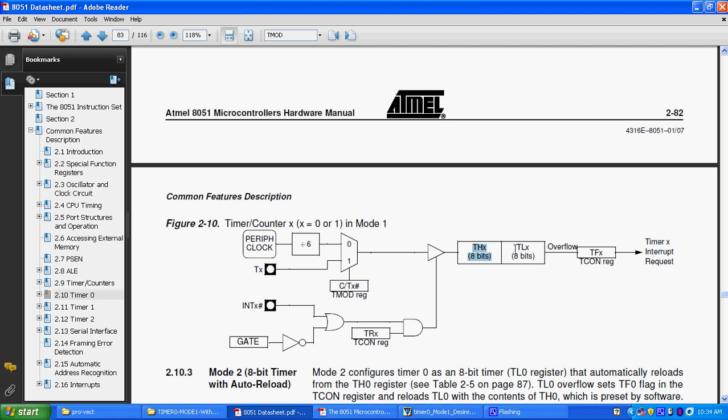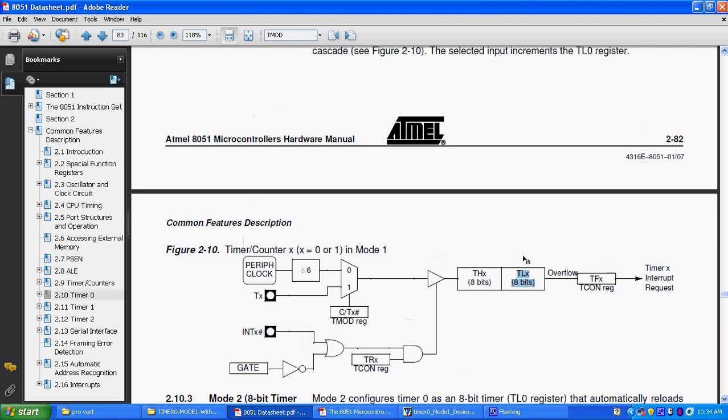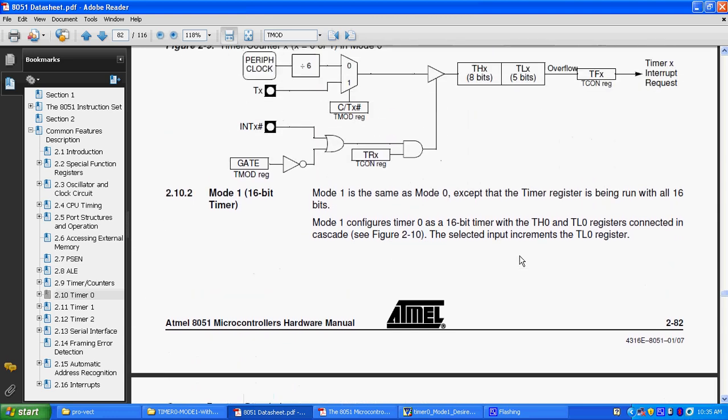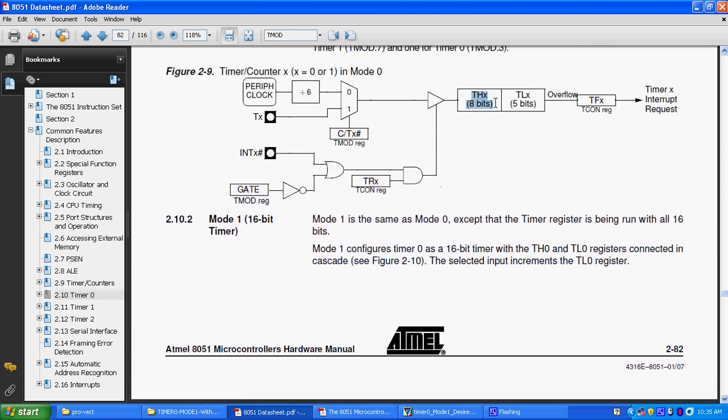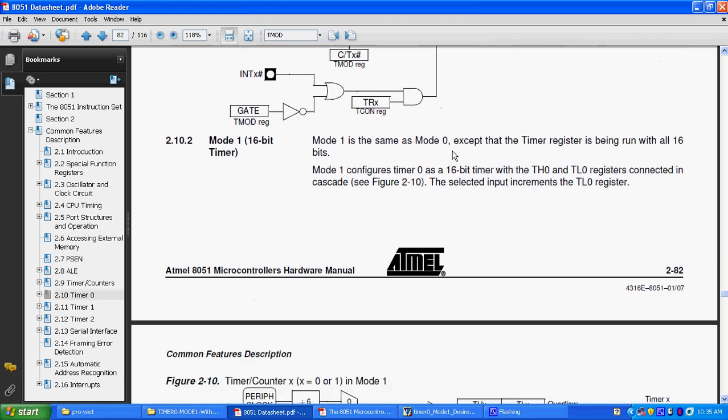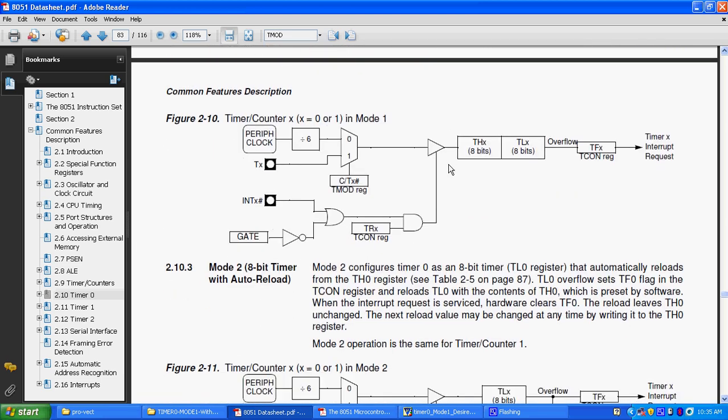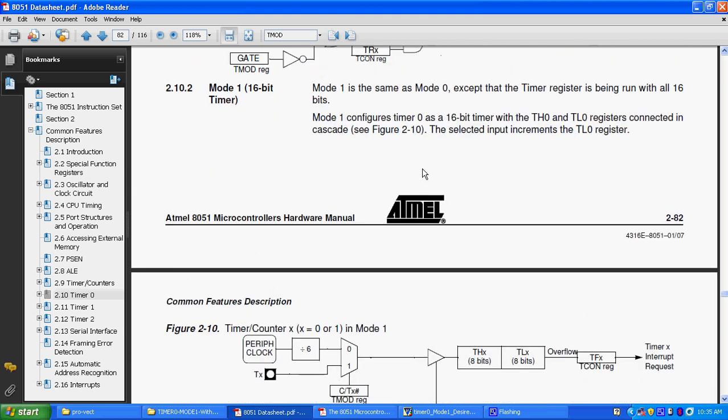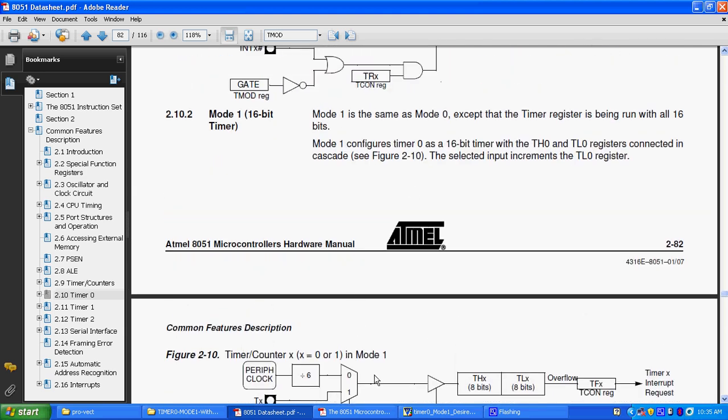Here we are using THX in 8-bit and TLX also in 8-bit mode, meaning a total of 16 bits. But here THX is in 8-bit mode and TLX in 5-bit mode. It means in mode 0 we were dealing with 13 bits, and in mode 1 we will be dealing with 16 bits. That's the only difference, and the rest of the things are all the same.